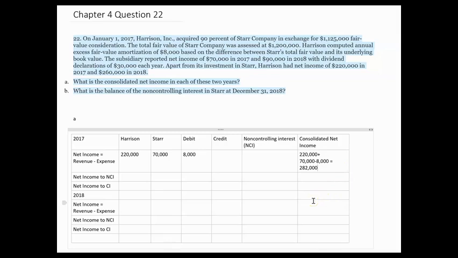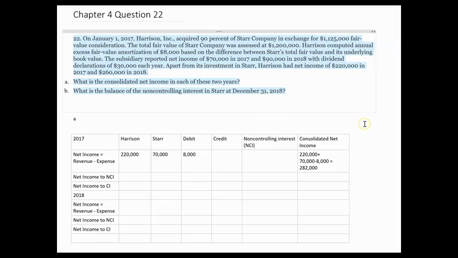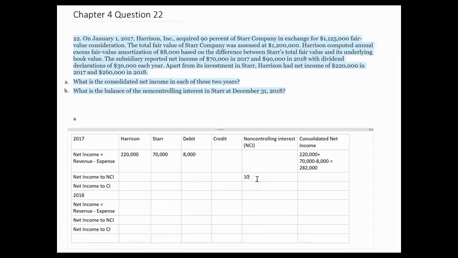Next, let's calculate how much of the net income will be allocated to non-controlling interest. Because Harrison obtained 90%, the non-controlling interest has 10% of the income from Star, only the income from Star, not from Harrison. The income from Star is $70,000, the reported net income, and we also need to adjust for the $8,000 excess annual amortization.